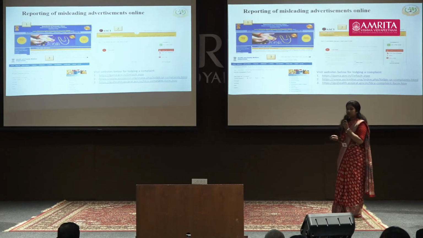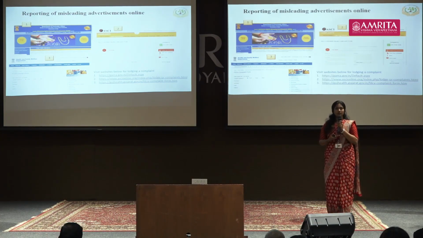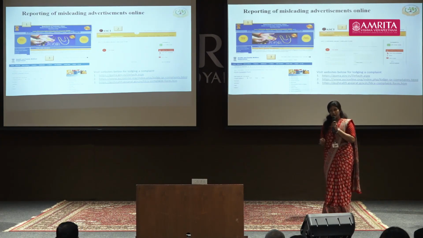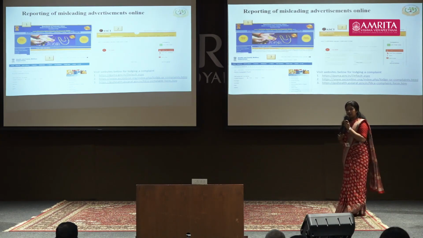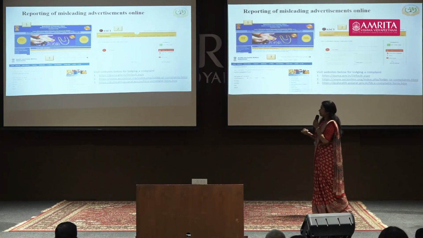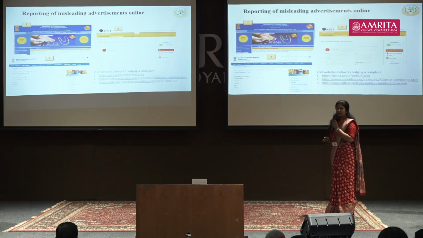Next, about reporting of misleading advertisements. You can report misleading advertisements through the nearest peripheral or intermediary pharmacovigilance center, or else you can report them on the Suraksha portal, or you can use the websites of the Department of Consumer Affairs, or the Health and Family Welfare Department.